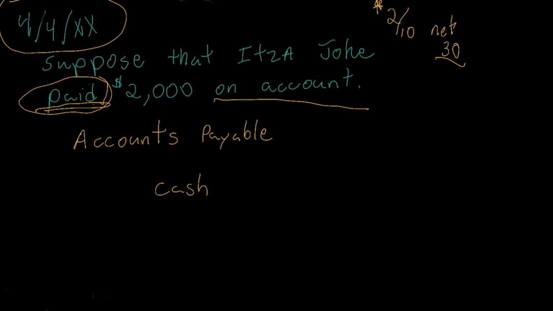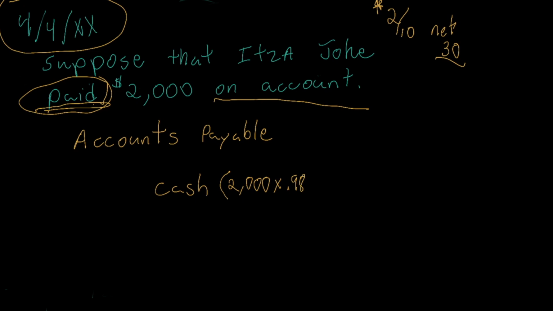Well, let's identify one key fact. Since we paid within the discount terms, we are actually not paying $2,000. We're going to receive a 2% discount on the $2,000. So our cash amount will actually be $2,000 times 0.98, gang. Now, why did I do 0.98?